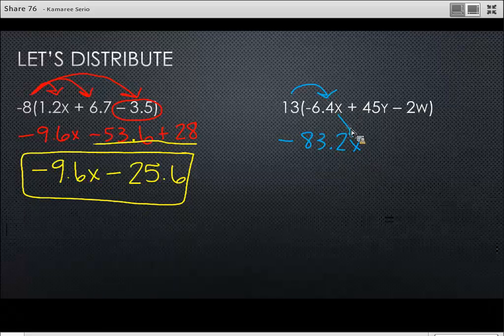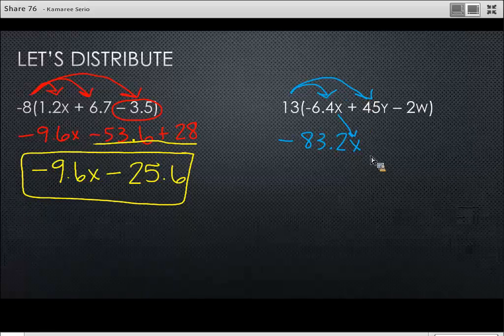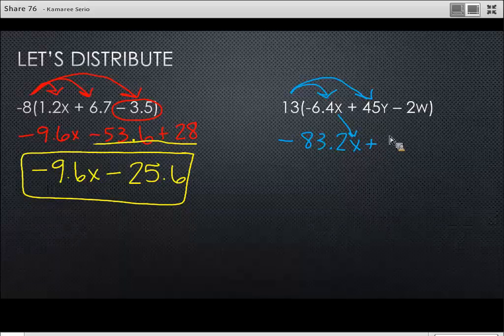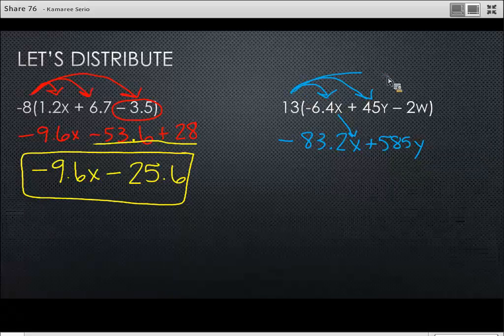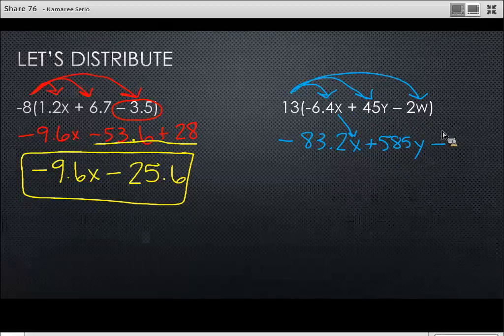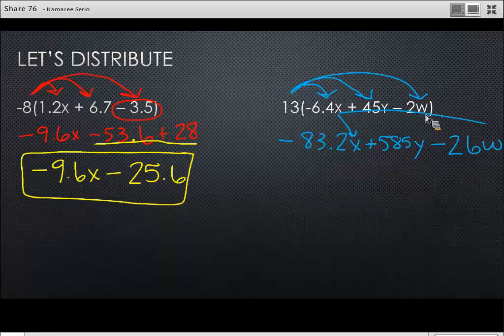Guys, don't forget to bring your variable along for the ride. Got to distribute the 13 to the next one. So 13 times 45, I get 585y. And all the way to the last one, 13 times negative 2 gives me negative 26w.